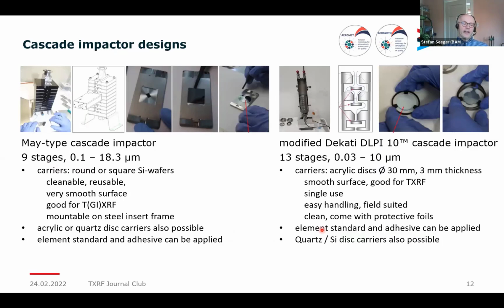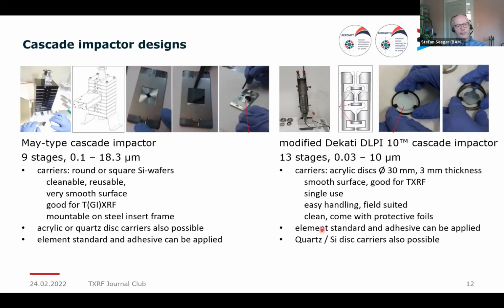And these wafers have very smooth surfaces, as all of you know, and they are very good for TXRF or GIXRF. And these wafers are mountable on steel insert frames, and on the other hand, acrylic or quartz discs are also possible for use in this type of cascade impactor.